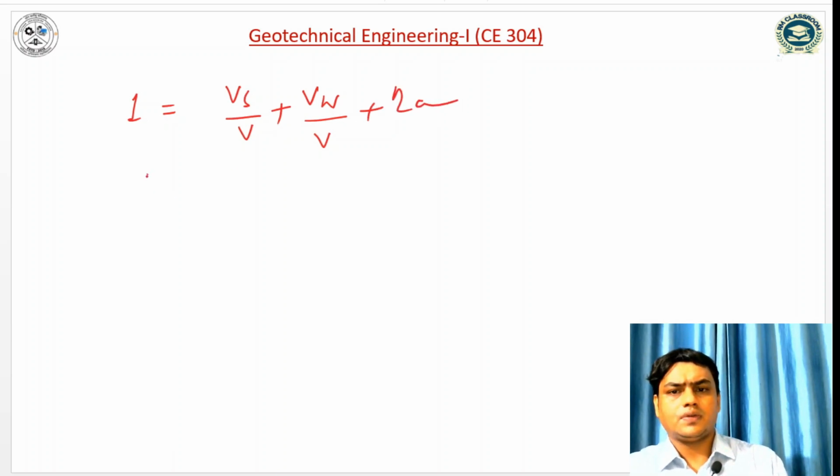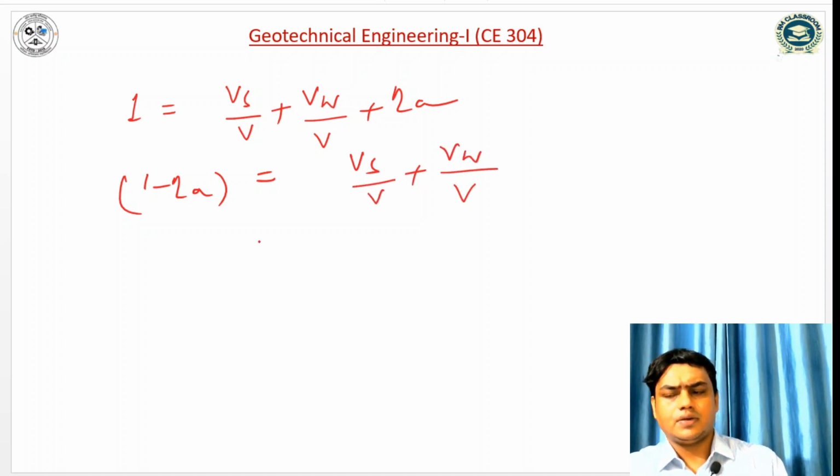So we can write 1 minus percentage air voids is equal to volume of solid divided by V plus volume of water divided by V, or 1 minus na.